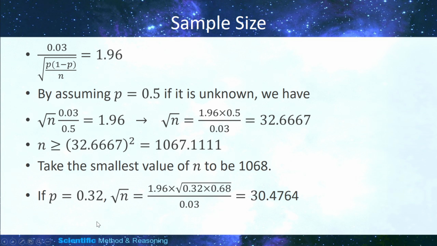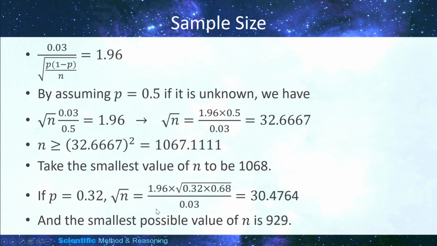And similarly, if we can assume that p equals 0.32 in some experiments based on past history or previous experience, then substituting p equals 0.32 into this equality, we can solve for n to be 30.4764 squared. And the smallest possible value of n becomes 992.